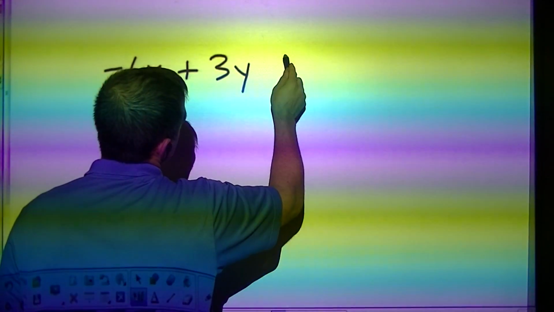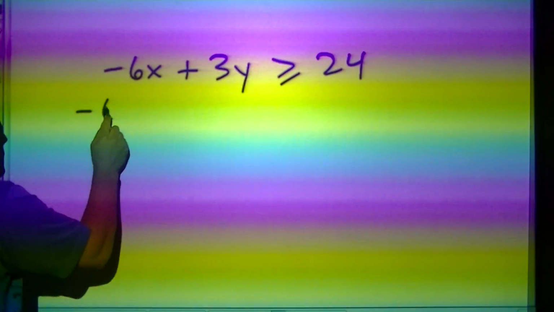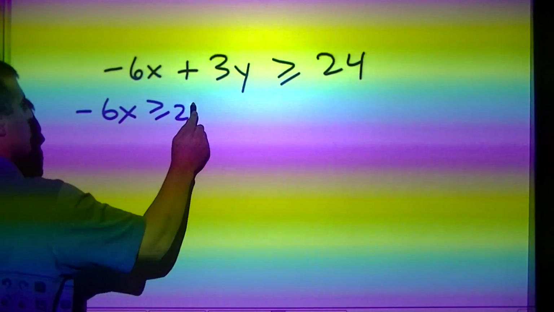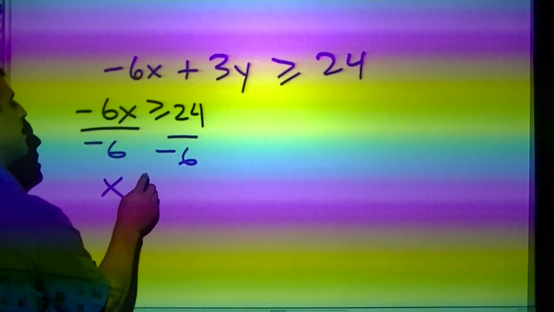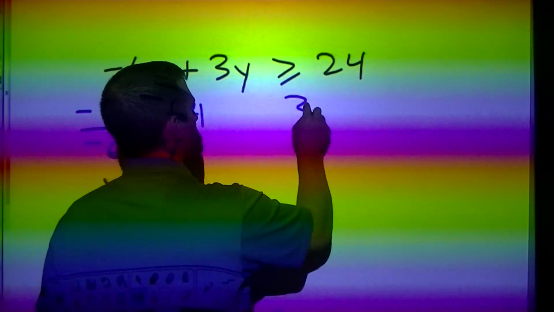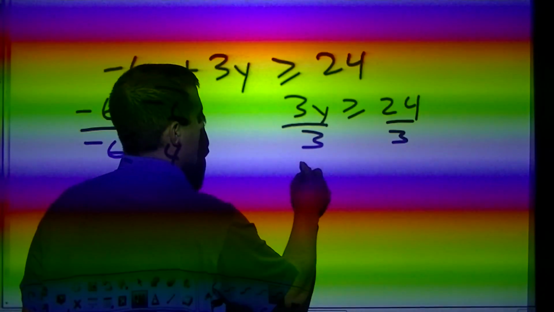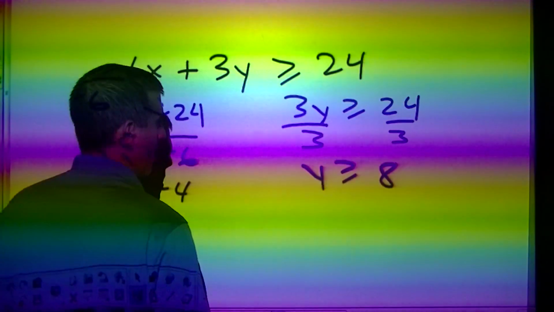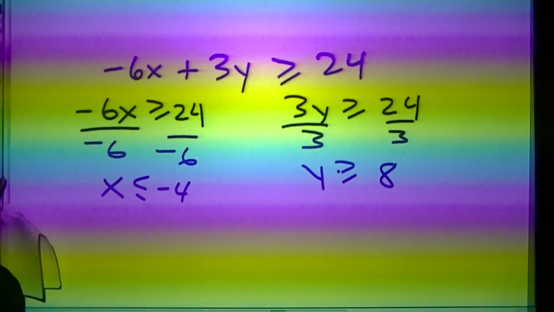If I have this for some reason, negative 6x less than or equal to 24. Divide by negative 6. If you want to flip that inequality around, that is fine. This one I would divide by 3. Now, all I care about is that one. That this flipped around does not change my shading.